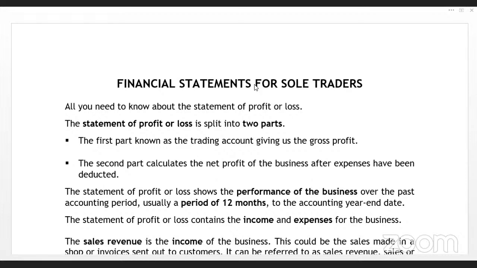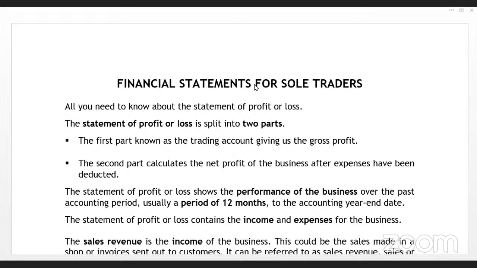We need to assess the performance of the business. Is this business making profits or making losses? We need to look at the resources that the business controls at the end of the financial period.